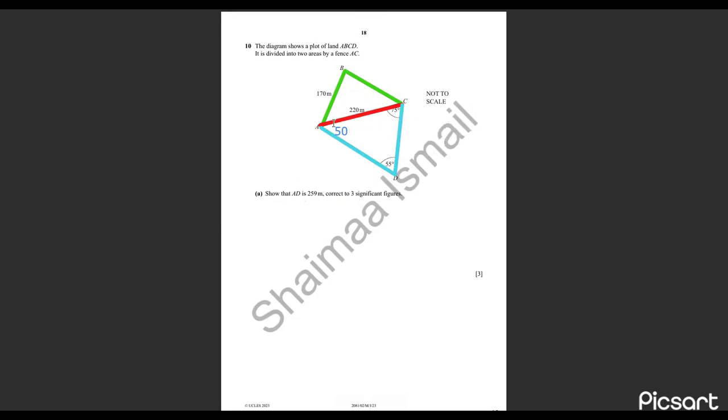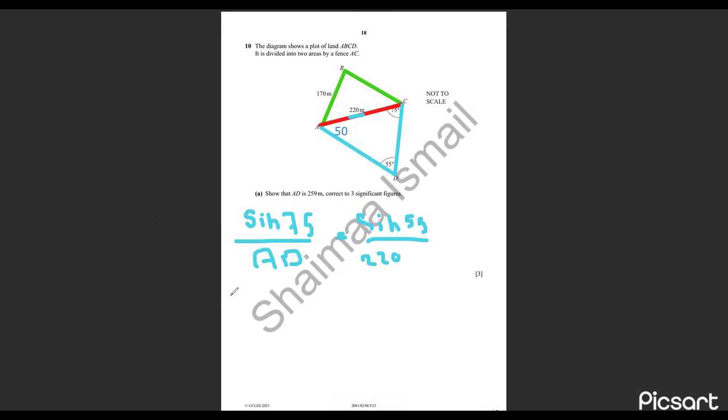Okay. And here again, he wanted to show this AD here is equal to 259. So we can calculate with the sine rule, and it's the only way. So we can say the sine 75 over AD will be equal to sine 55 over 220.